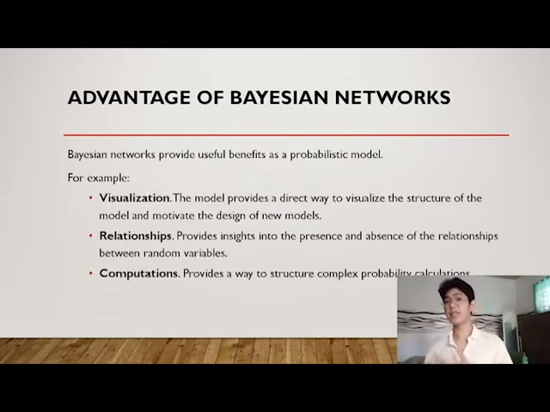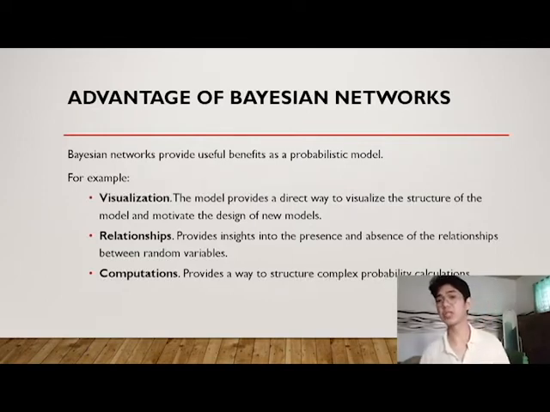So what are the advantages of Bayesian networks? Number one, visualization. When it comes to visualization, the model provides a direct way to visualize the structure of the model and motivate the design of new models.